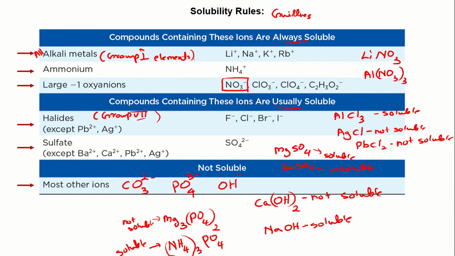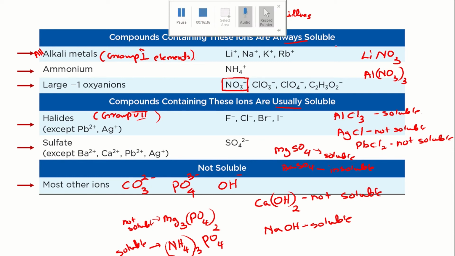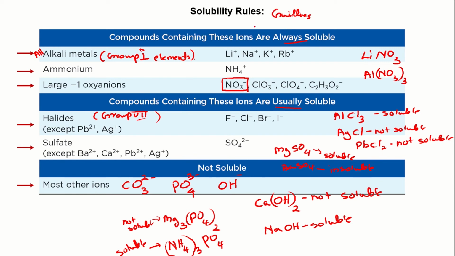So this is why I ask you to understand them as guidelines rather than rules. The more you try to memorize them as rules, the more complicated it is going to get, because you will have a whole set of exceptions and some overrides. Again, even calcium carbonate.